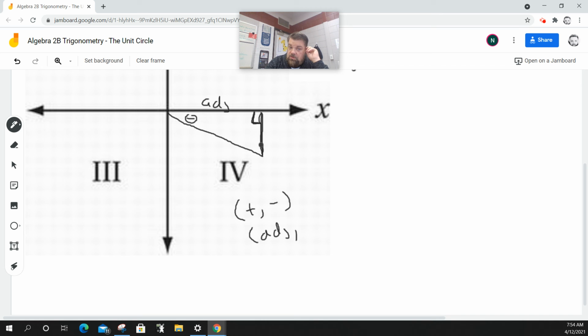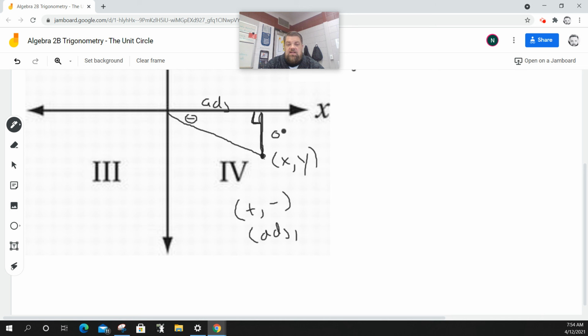Now, the y value, so x is like the measurement from the origin over, and then y is the vertical. So x is the horizontal from here to here, and the y is from here to here.